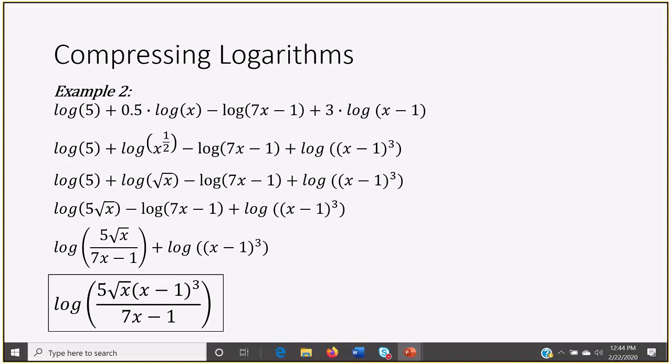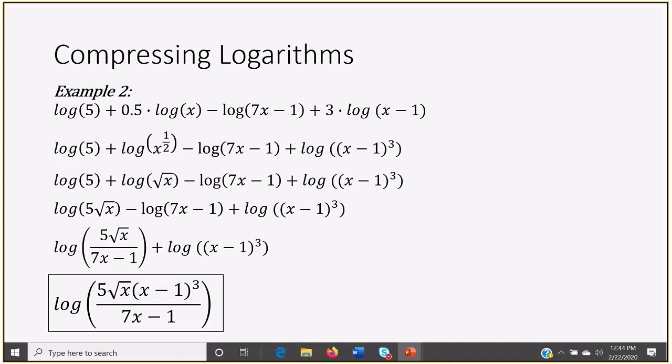That could have saved us a couple steps by just looking at line 3 and saying, okay, 5 times root x times x minus 1 cubed, because those are all positive, and that's going to be divided by 7x minus 1. If you don't like that shortcut, or that shortcut's not tracking, you can go through these steps. It's honestly not that much more work to go step by step. But that is a nice, neat little trick.